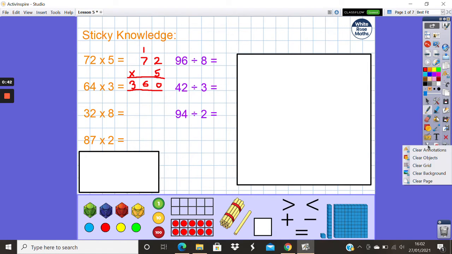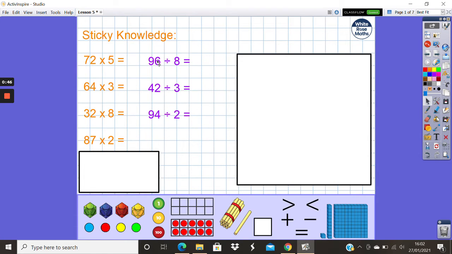Okay, and then we've got some division questions. So we've got 96 divided by 8. Put my 96 here, divided by 8. 9's not in the 8 times table, so we need to see how many 8's go into 8, which would be 1. Put a 1 in my tens column, and then do 8 times 1, which would be 8.